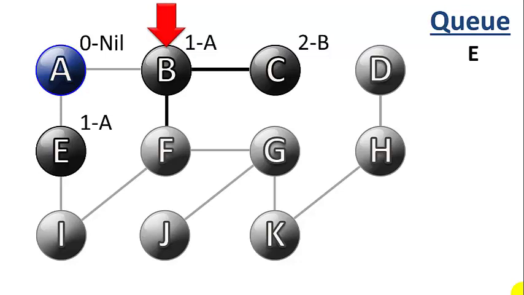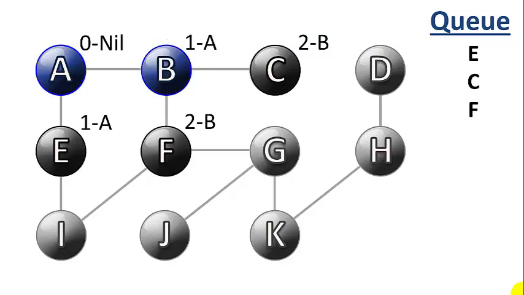We'll update its distance from the source to 2, which is 1 plus B's distance, and update its predecessor vertex to B. We'll add C to the queue, and then we're going to jump to F. We color F black, we update its distance and predecessor vertex, and we add F to the queue. Now we're done with B because we've explored all of its outgoing edges.